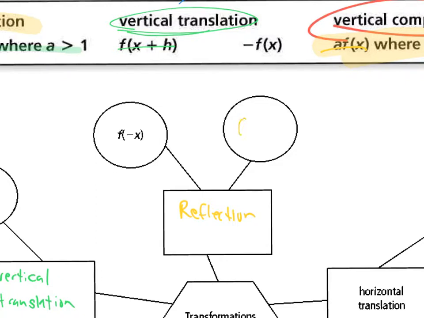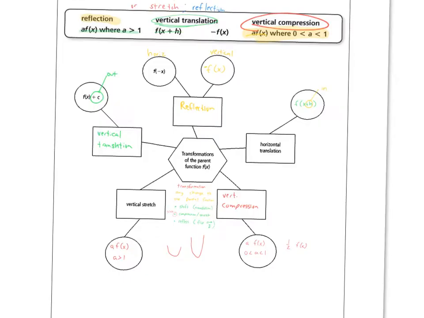One of them is reflecting left or right, and one of them is reflecting up or down. So this one here is a horizontal reflection. When you are inside the function, you take the opposite. When I'm outside the function, it's a vertical reflection. In other words, I flip it upside down. Pretty much that's what vertical reflection does.